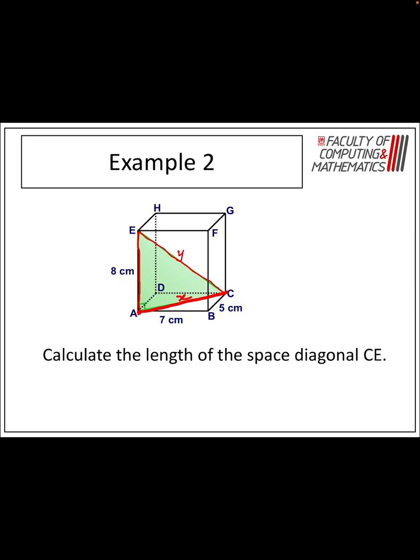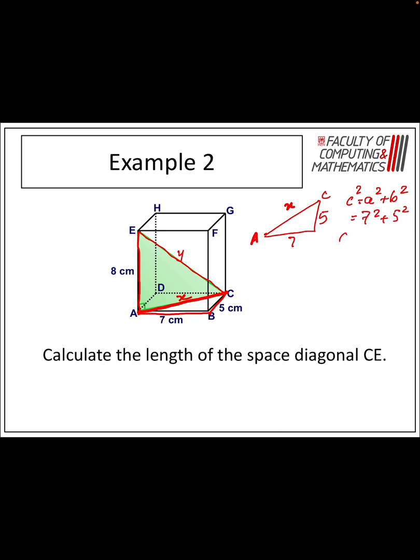You'll notice that what I've got at the bottom is a face diagonal. So AC, I'm going to draw that out just now. There's X, 7 and 5. Again, I'm finding the hypotenuse. Not always the case, but seems to be the case just now. So I'm going to substitute these into c squared equals a squared plus b squared. I've got 7 squared plus 5 squared.